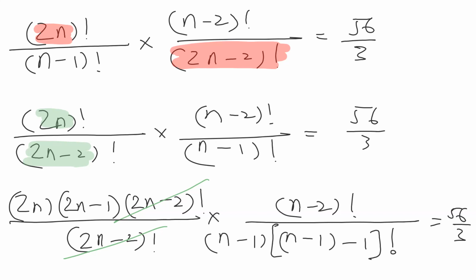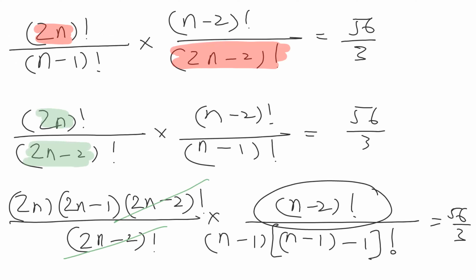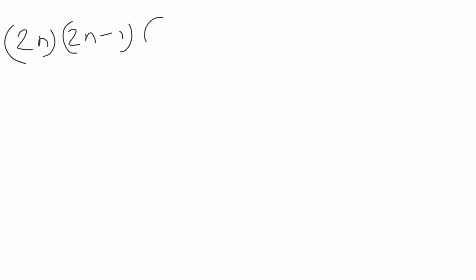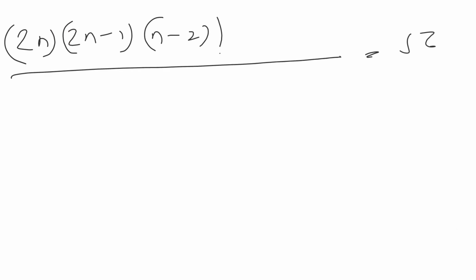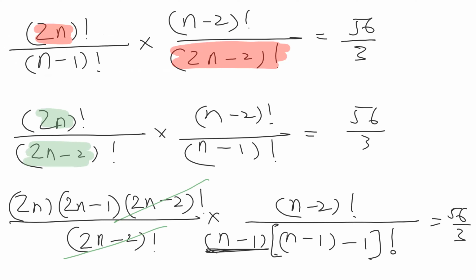So 2n into 2n minus 1, into n minus 2 factorial, upon n minus 1 and n minus 2 factorial.